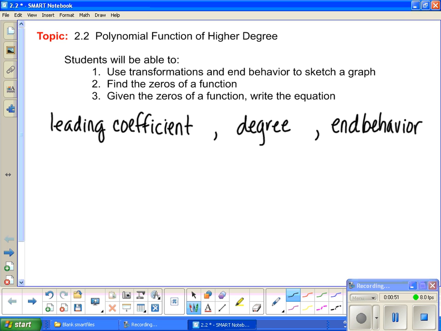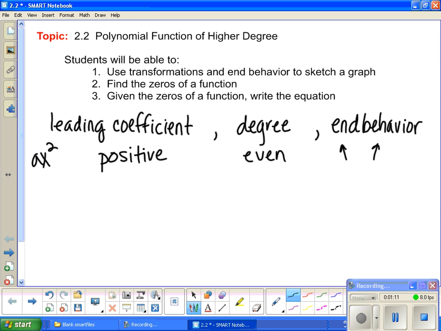So if our leading coefficient is positive, so for example, on ax squared, a is positive, and the degree is even, the end behavior is such.